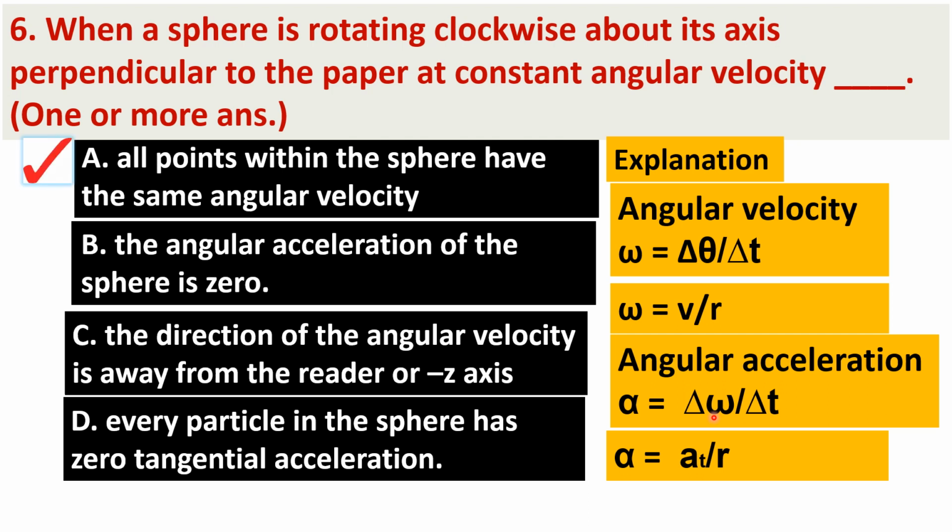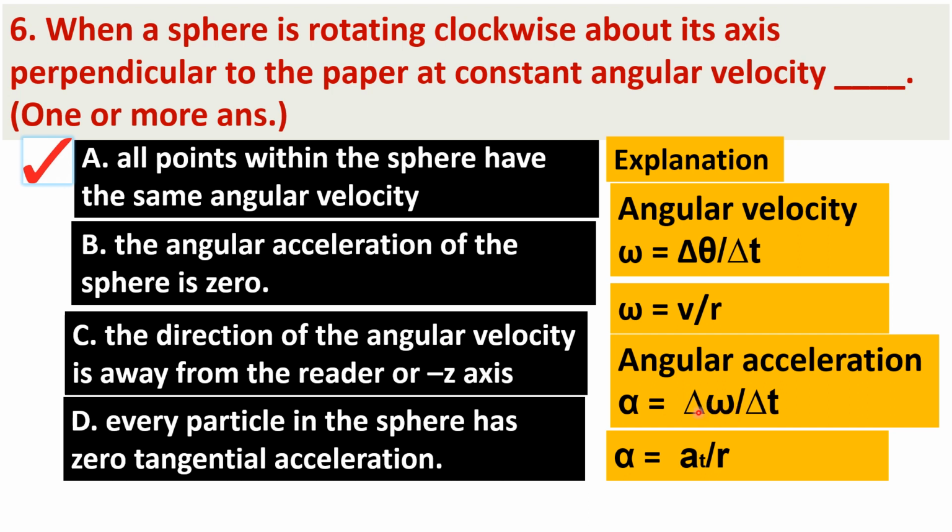I now have the complete list of equations needed to explain these options. We also have angular acceleration, denoted by the Greek letter alpha. When do you say that a rotating body has angular acceleration? According to the definition, alpha is equal to delta omega over delta t.